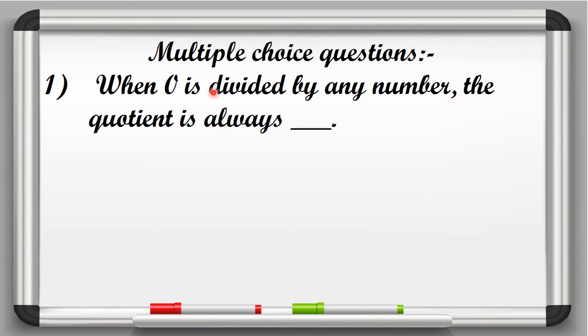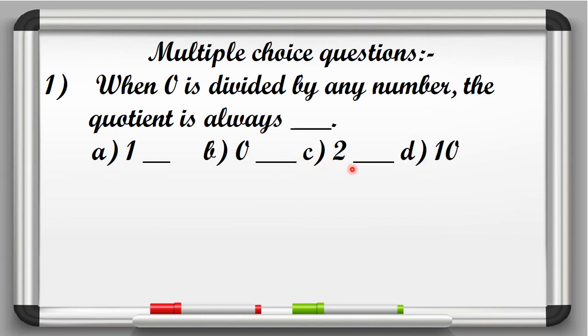जब हम 0 को किसी नंबर से डिवाइड करते हैं, ठीक है, when 0 is divided by any number, द क्वोशिएंट इज ऑलवेज डैश. तो हमेशा क्वोशिएंट क्या आता है. ऑप्शंस आर A 1, B 0, C 2 and D 10.